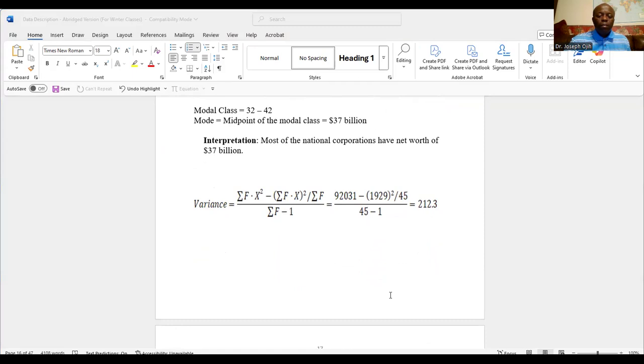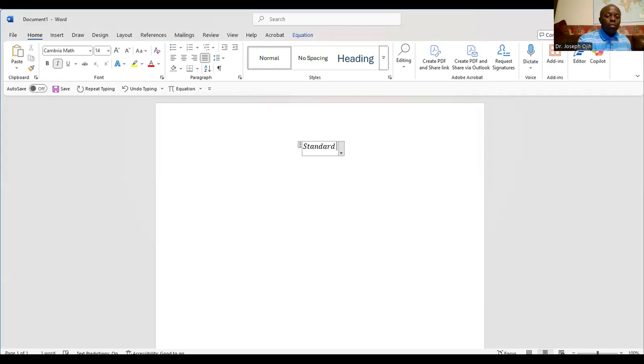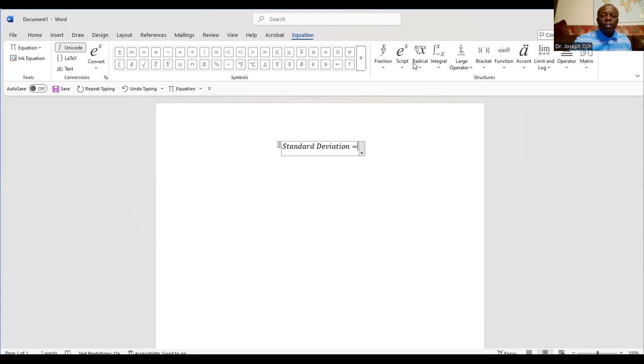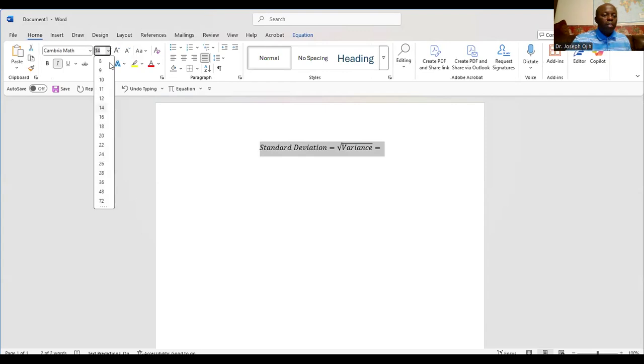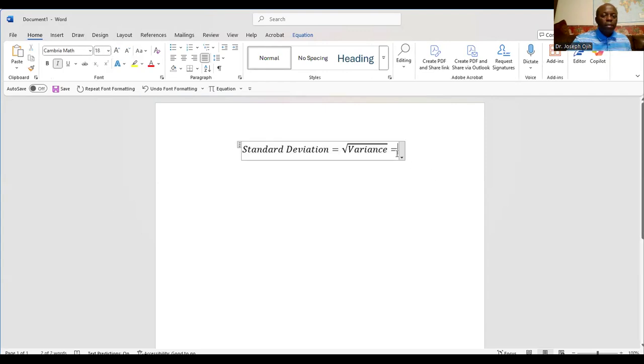Now, standard deviation is the square root of the variance. Our standard deviation equals the square root of the variance, which is the square root of 212.3. Let me make it bigger, 18 again.